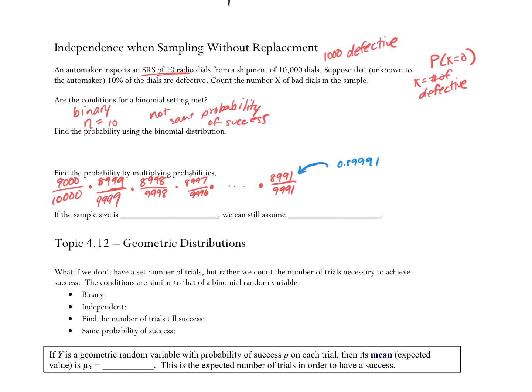Is everybody with me? Here's what I would like you to do. You are going to find the probability using the binomial distribution. I'm going to find that probability using some fancy math techniques.